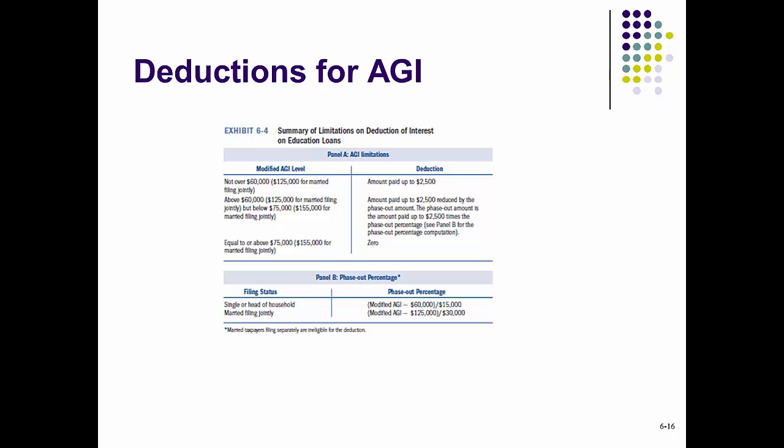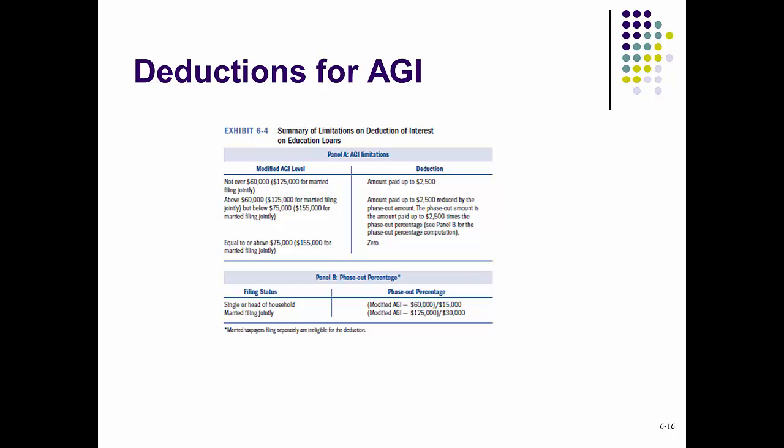And this one, we already talked about how to get to your MAGI for the deduction for qualified education expenses. You may also want to see Exhibit 6-5 on page 6-11 for the summary.